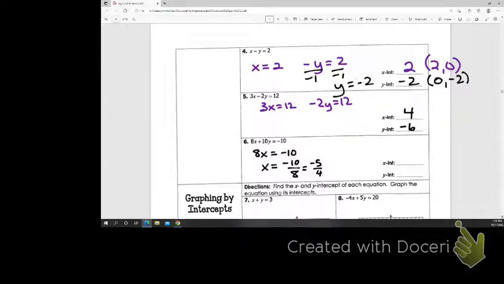These boxes are really small. Trying to be accurate and put it at 1.25 would be difficult. So if I had to graph this, then I would probably choose to go ahead and put it in slope-intercept form.